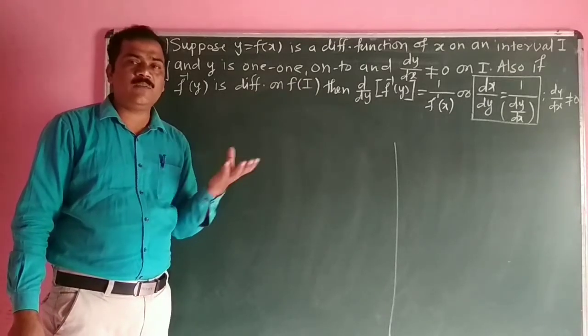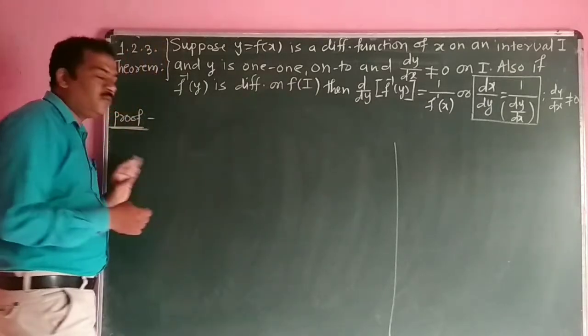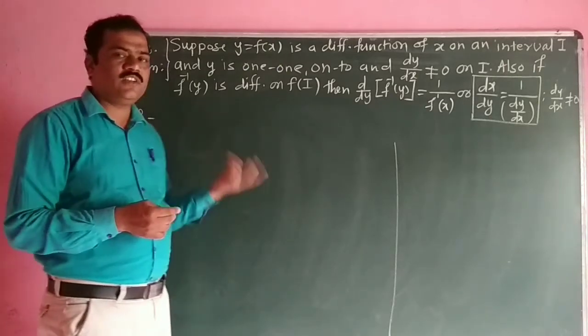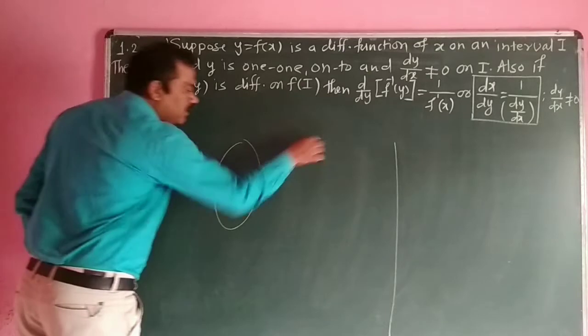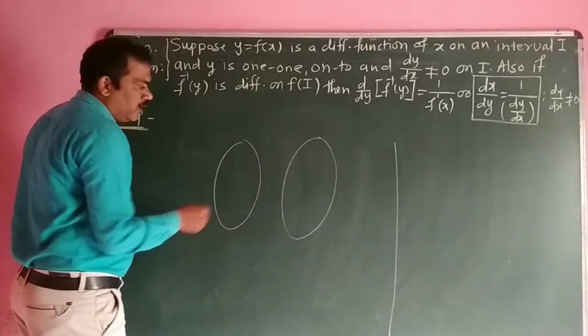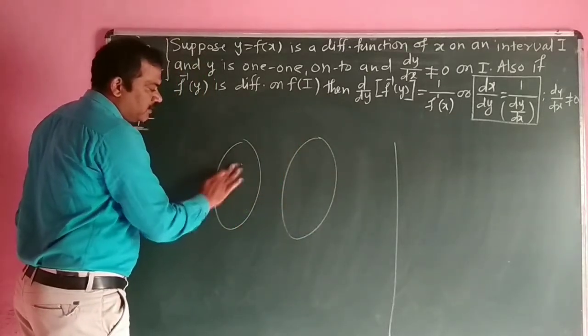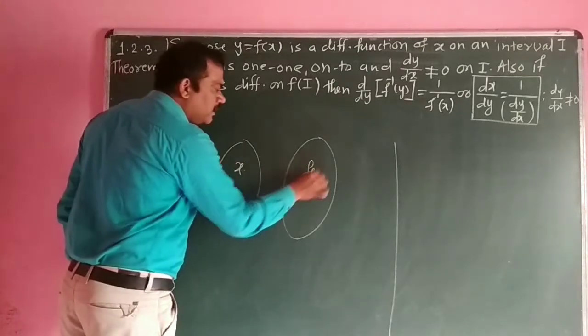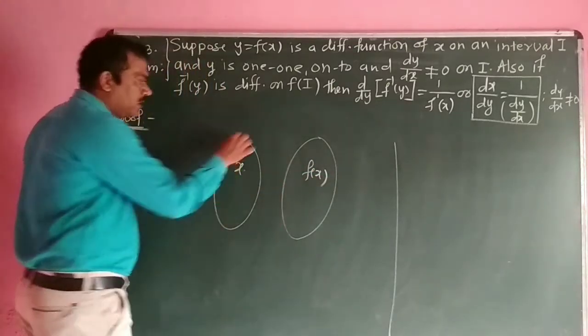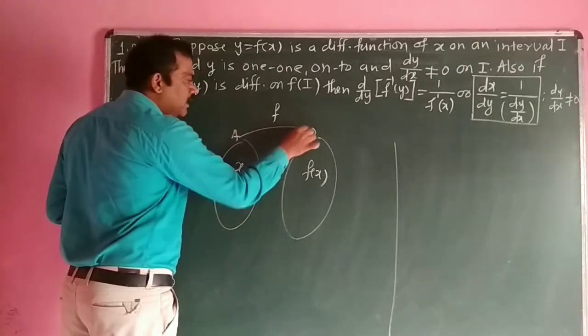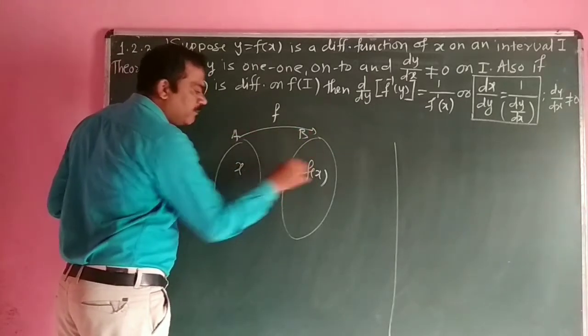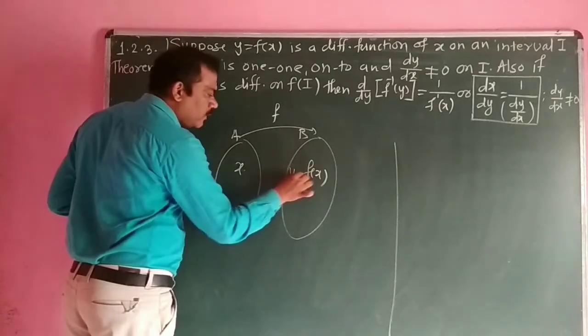What is the meaning of f of I? When we discuss the definition of a function, suppose we take it like this: here we have the values of x, and here we get the values of f of x. f is the function from set A to set B, and f of x is nothing but y.